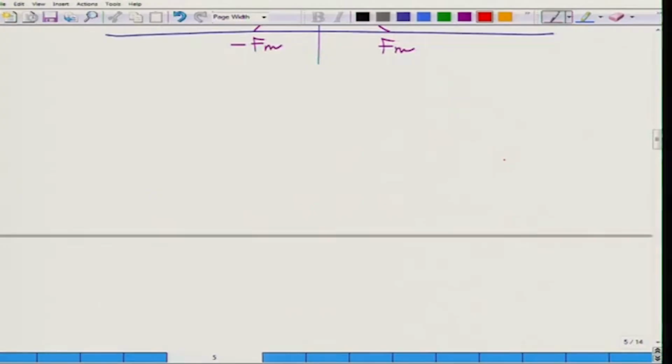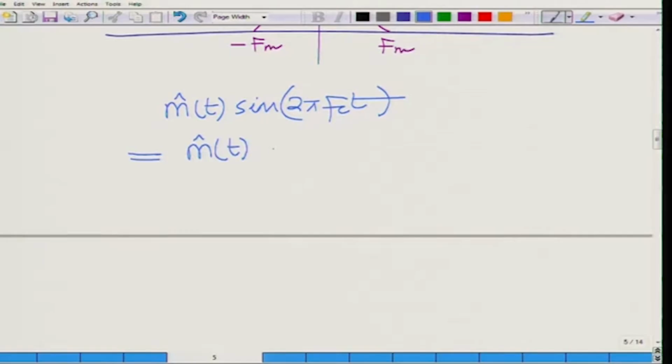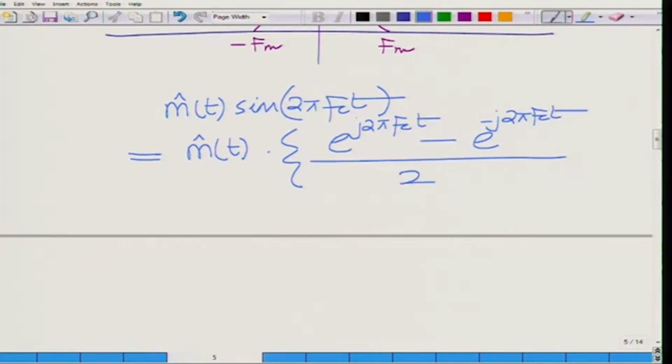Now, m hat(t) sine 2 pi f_c t, that is m hat(t) modulated by the sine wave. Sine can be represented as e to the power of j 2 pi f_c t minus e to the power of minus j 2 pi f_c t, divided by 2j, alright.